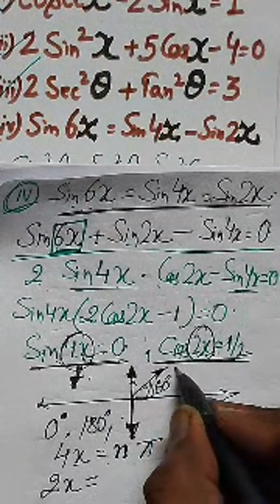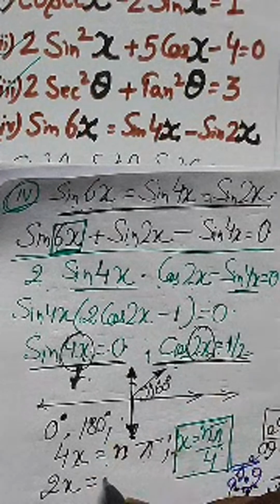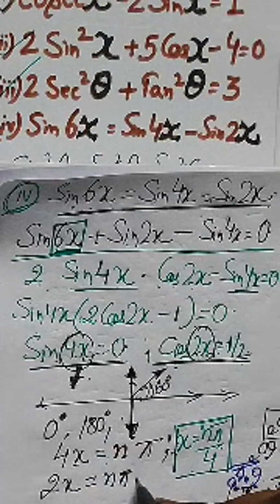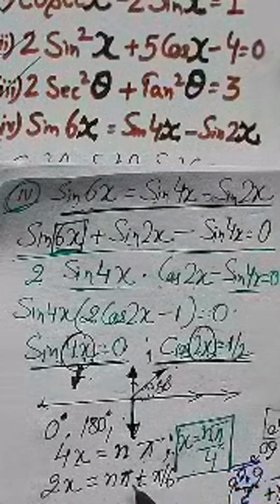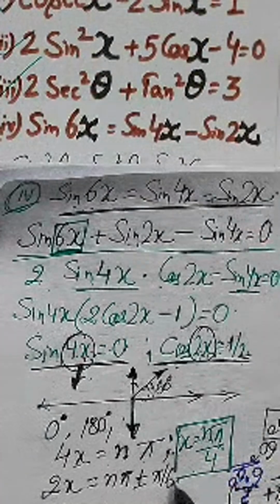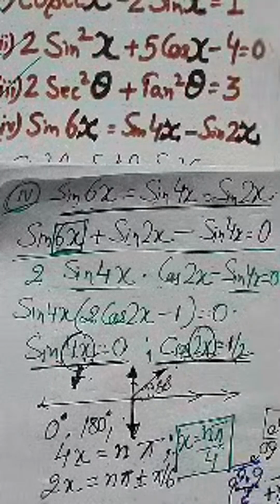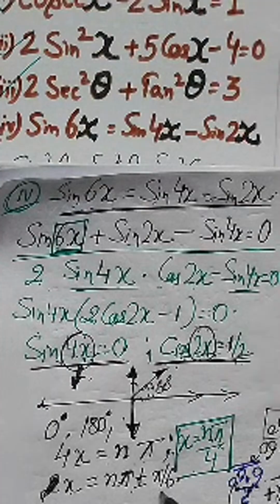Again, when will it come? After again a pi interval. So n pi, that means n times pi plus minus pi by 6 will give you the value of x that satisfies this equation cos 2x equal to 1 by 2. So the value of x equal to n pi plus minus pi by 6.